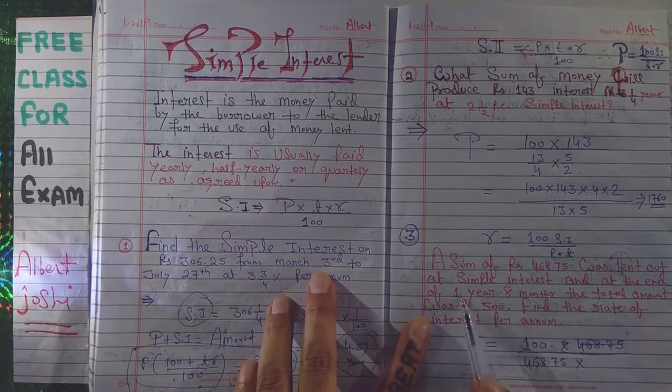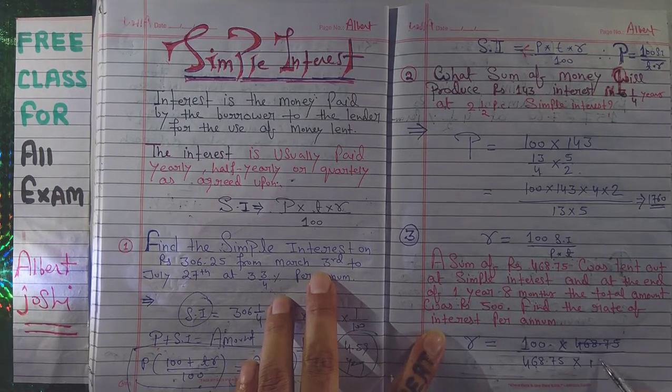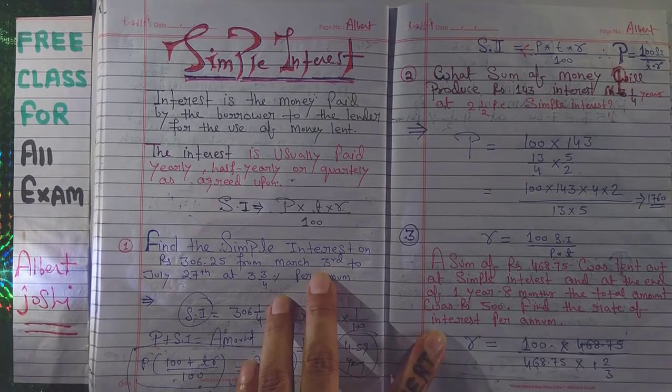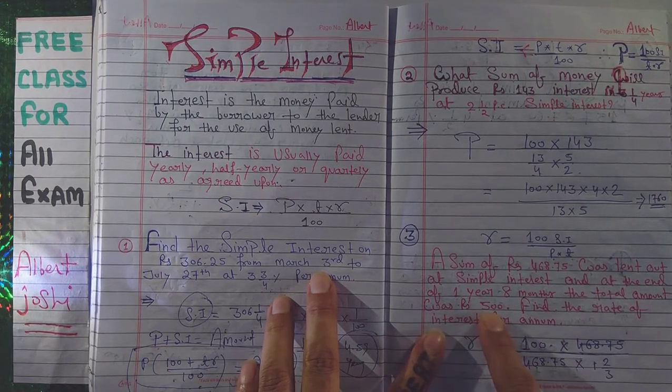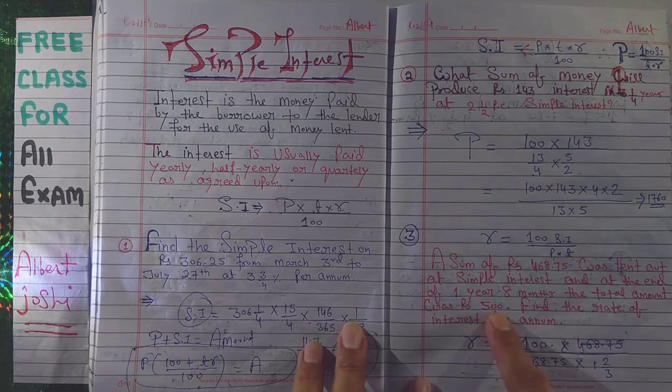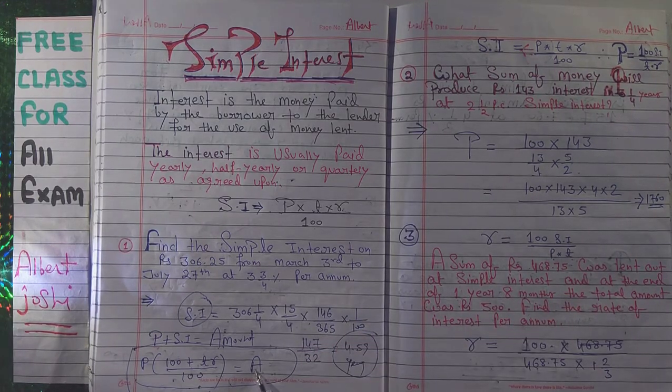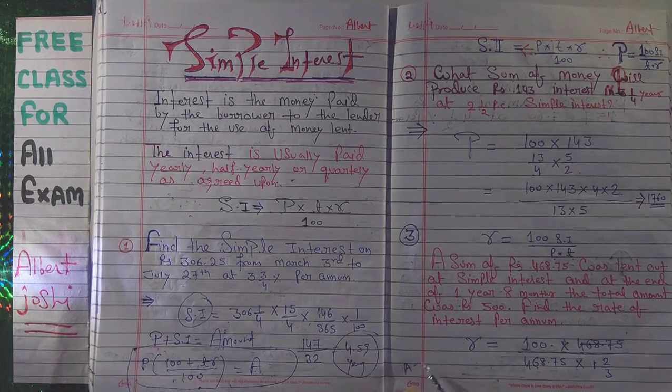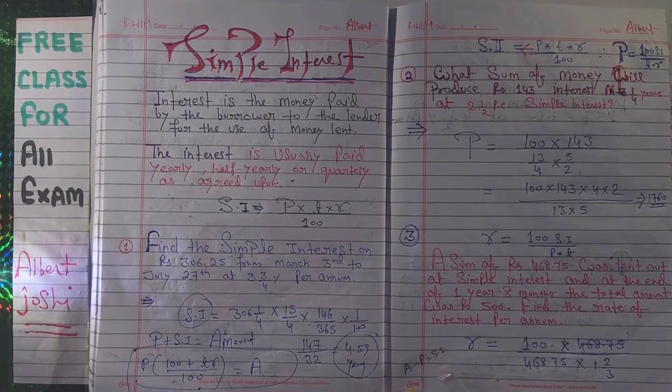T is 1 year 8 months, so that is 1 2/3. And what is the simple interest? The total amount was 500, so the amount is 500. Simple interest is equal to amount minus principal.